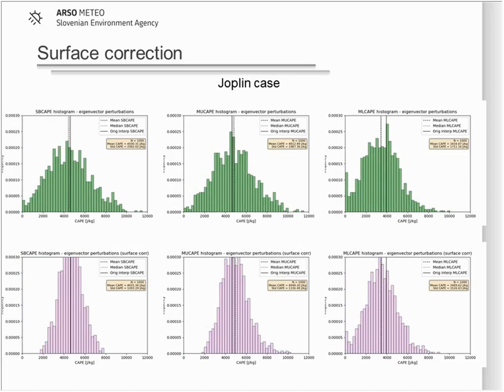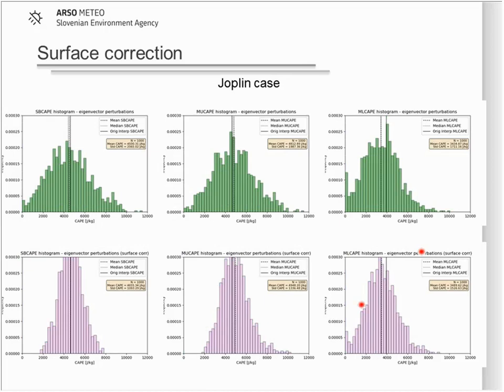Now, when we apply the surface correction, the first thing that we see is that when we calculate surface-based CAPE, obviously the spread reduces by about half. This is also the same for the most unstable CAPE, because in most cases the most unstable CAPE is the surface-based CAPE. But we don't see as much impact when we calculate the mixed layer CAPE, just because it's only one of the values that we take in the calculation of the mixed layer CAPE.